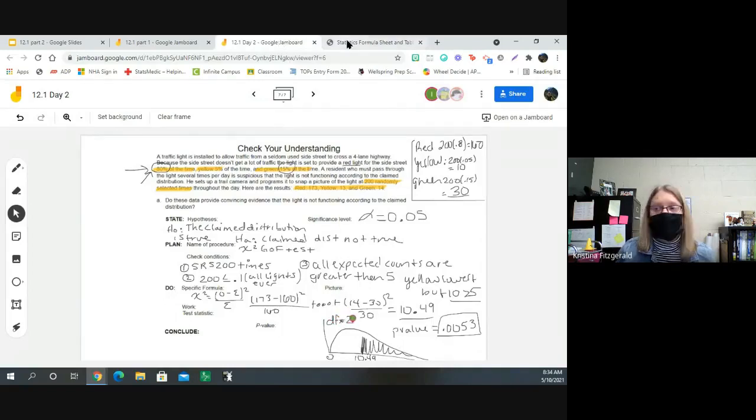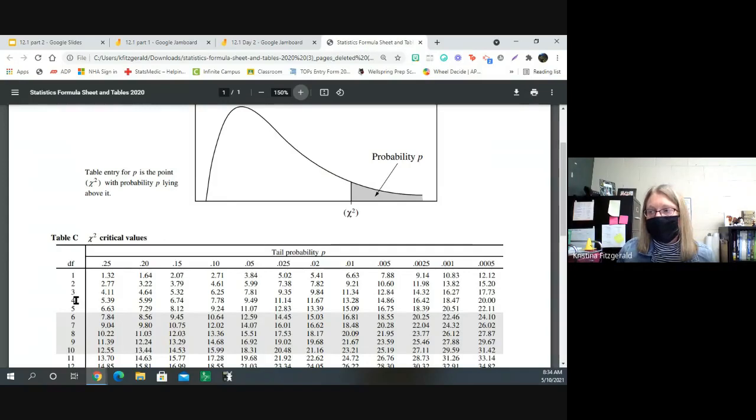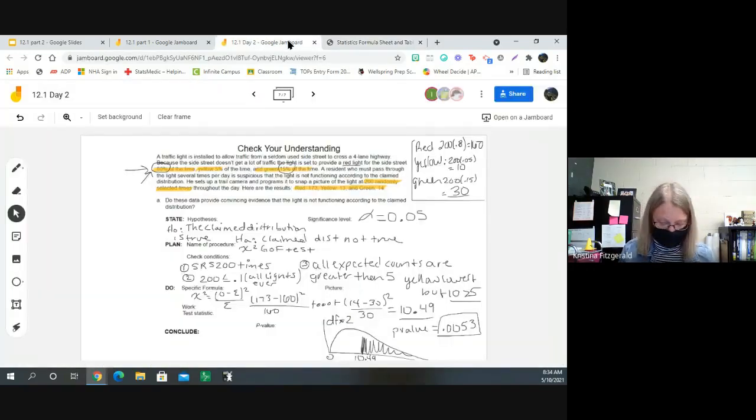On my chart, I could go to row 2, and then I would go over until I find roughly 10.94, which is going to be in between these 2 numbers. Or just go up here. And this is a really tiny p-value range, which is less than 5%. So either way, you're going to end up rejecting things.